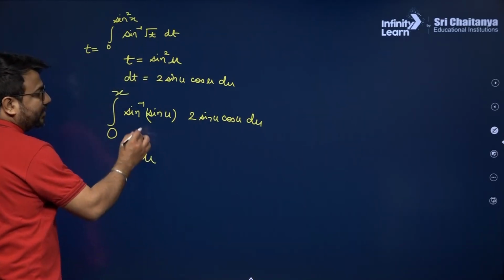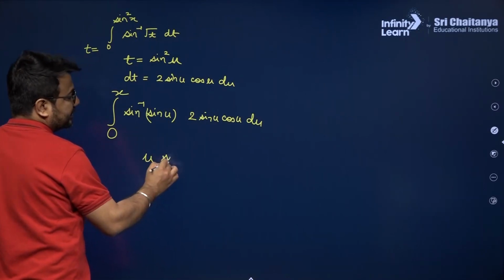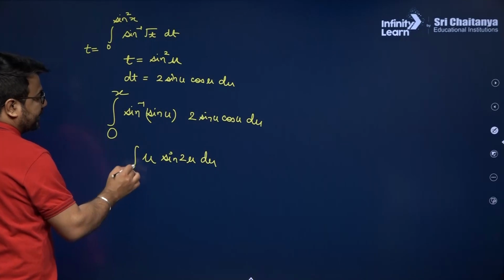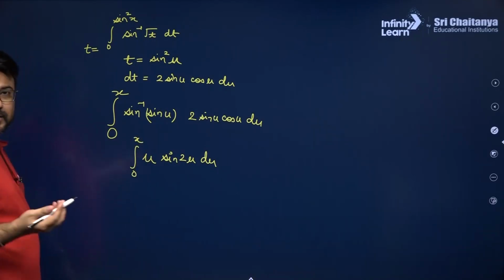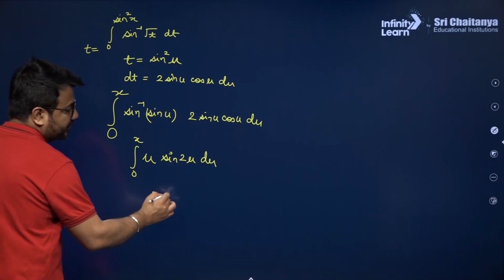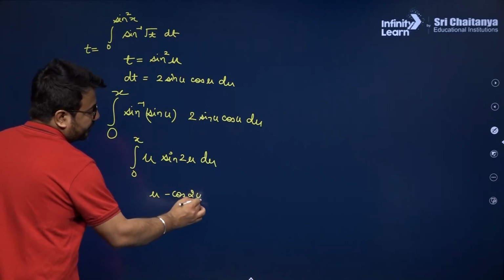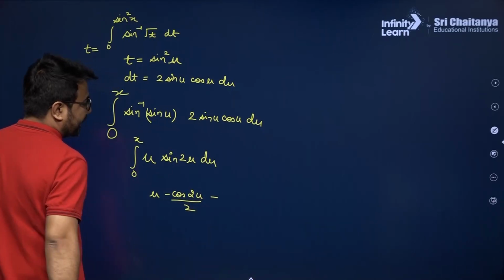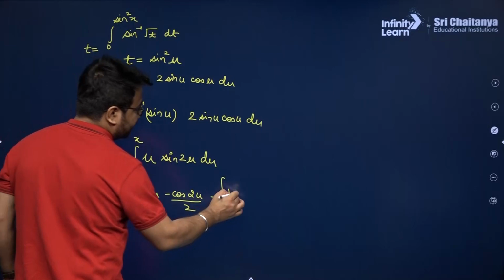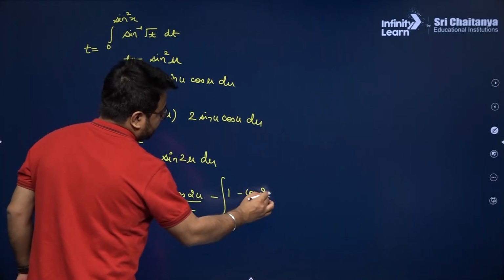So here we have u, and this is sine 2u, and this is du, and the integration is between 0 to x. Now can I use integration by parts? Yes. f(x) integration of g(x) minus integration of f dash into integration of g(x).